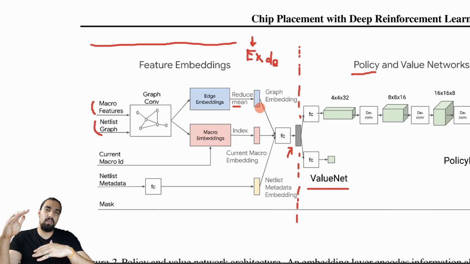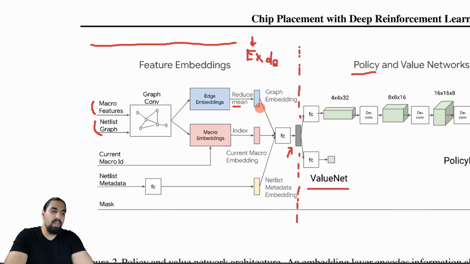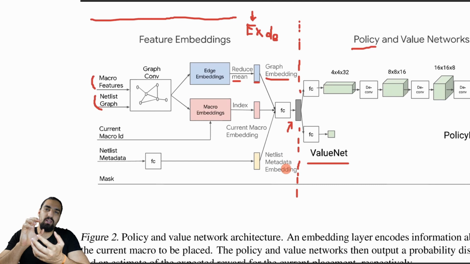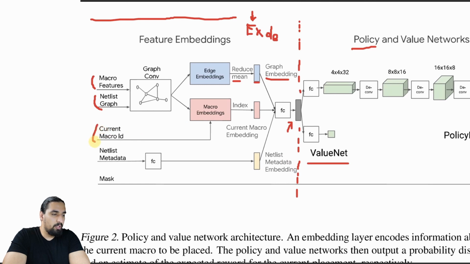So they just take an element-wise mean over all of these feature vectors, and they get a single feature vector that's the graph embedding, okay? That somehow roughly captures the dynamics, the information about this graph. And the second thing they do is they take the current macro ID, so that's the current macro you want to place onto the chip canvas, and so again here you have a table that's n times d sub v.